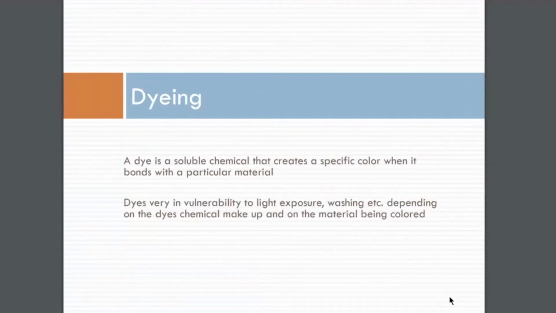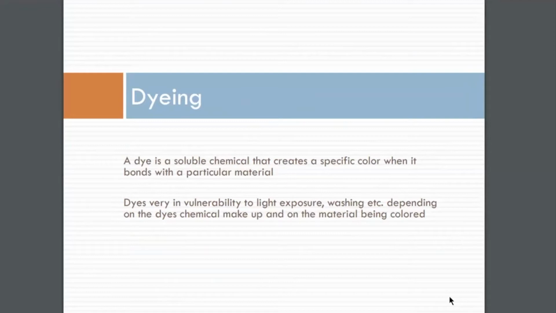So the definition of a dye is a soluble chemical that creates a specific color when it bonds with a particular material. Dyes vary in vulnerability to light exposure, washing, etc., depending on the dye's chemical makeup and the material being colored.